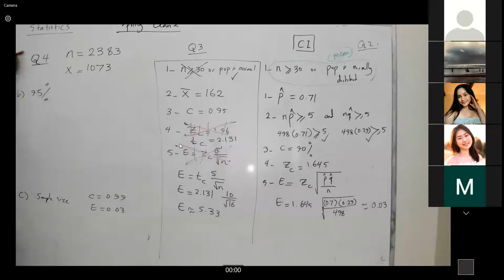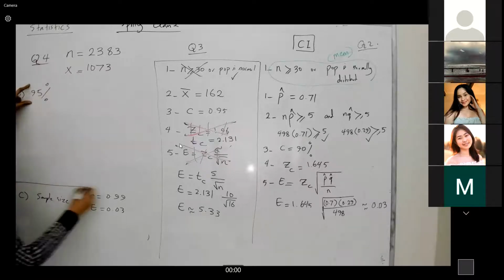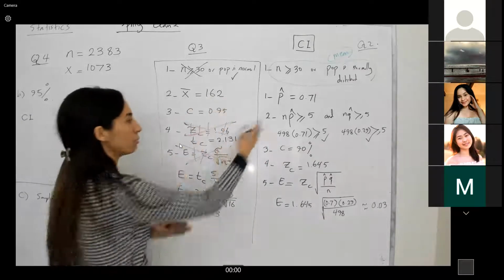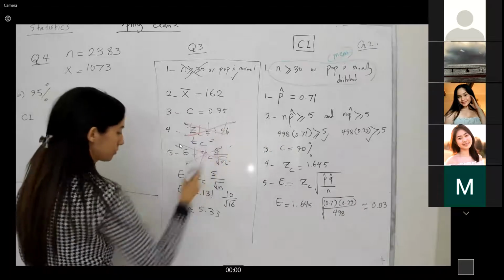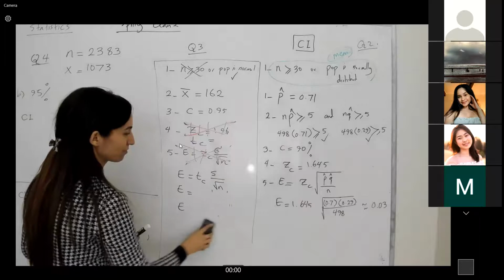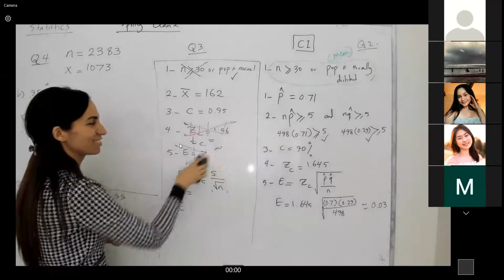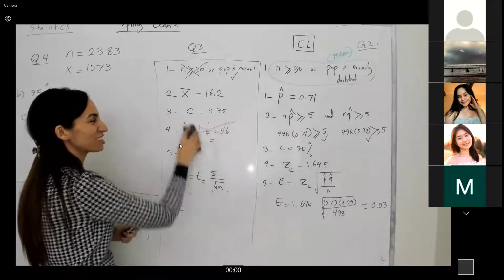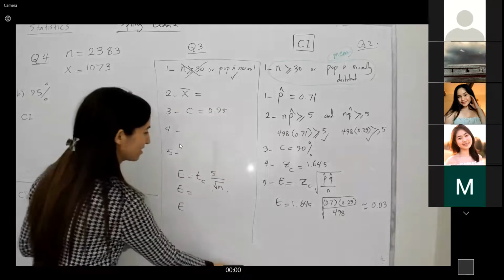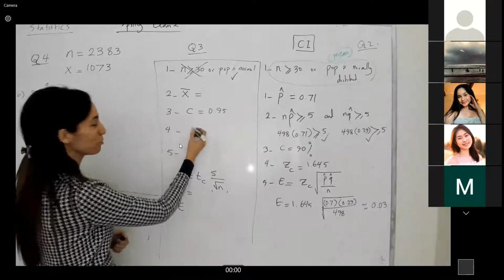Question 4, N is given to us, X is given to us, the level of confidence is 95%. And we want to find our confidence interval. Are we using the left column or the right column? Which one are we using?